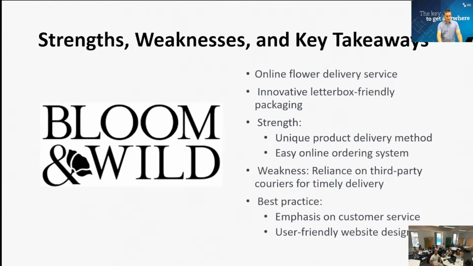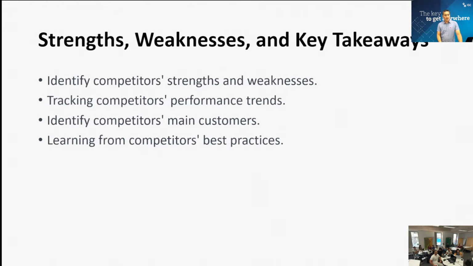In the case of strengths, weaknesses, and key takeaways, the objective here is to identify the strengths and weaknesses of the competitors and highlight the best practices to emulate. What we will do here is to get especially the demographics that your competitors are targeting.